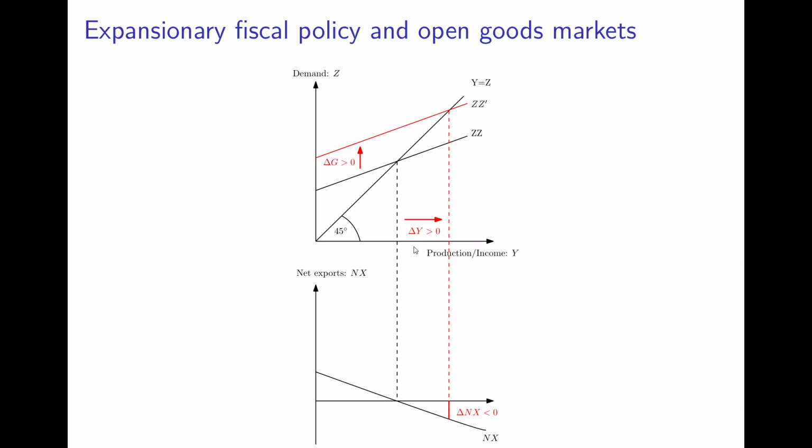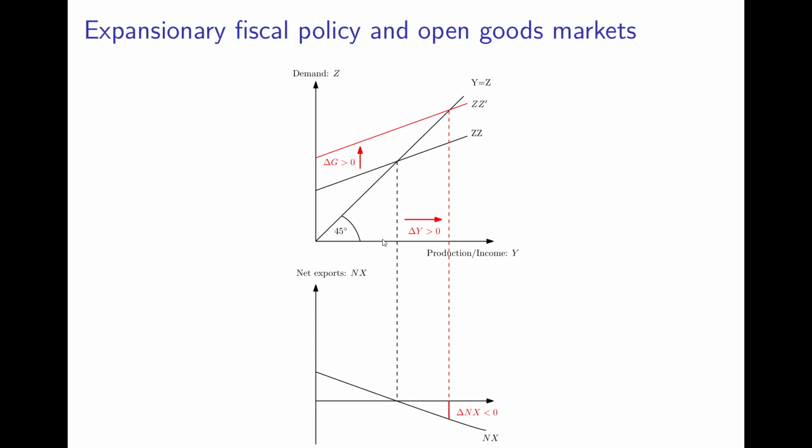Now, however, parts of this additional income is spent on foreign goods. So imports will also increase. And if we start from a balanced trade situation, we will now reach in the new equilibrium a situation where net exports are negative and we have a trade deficit.